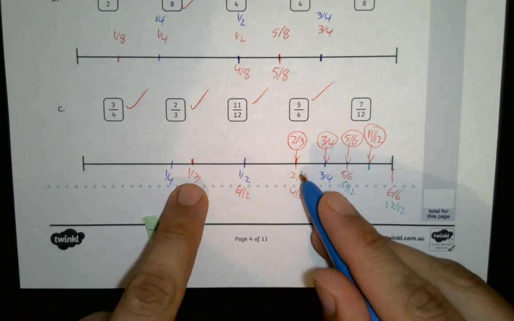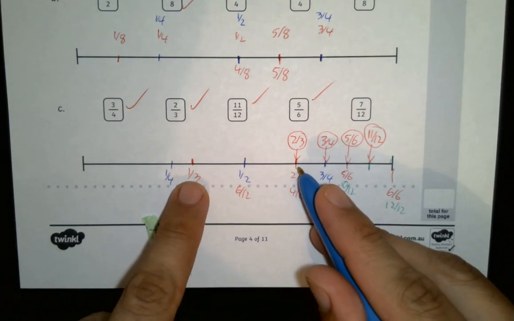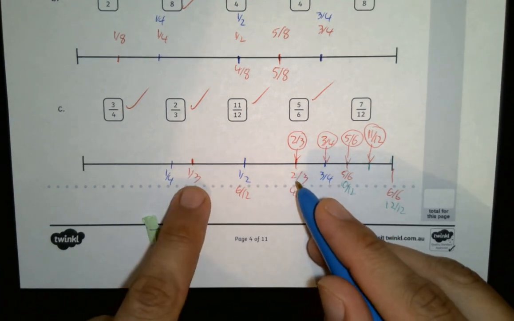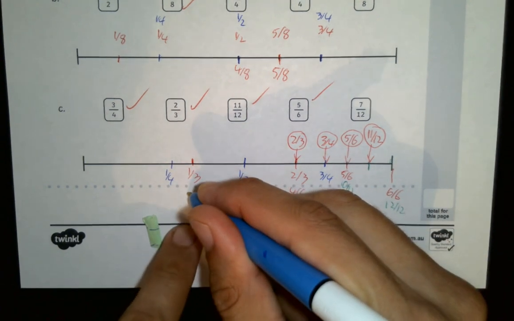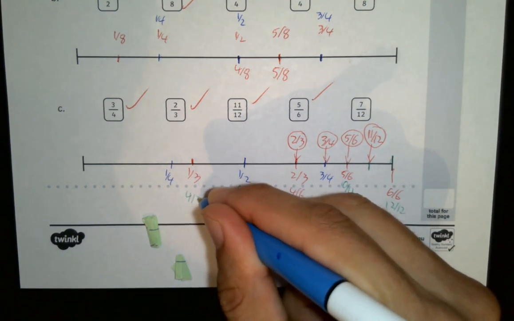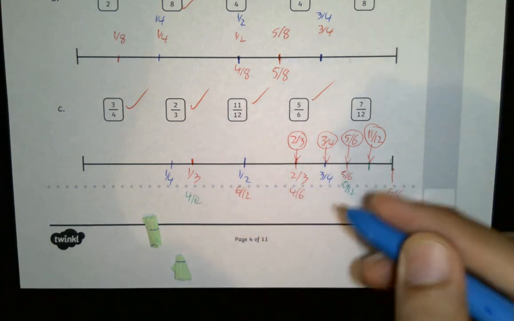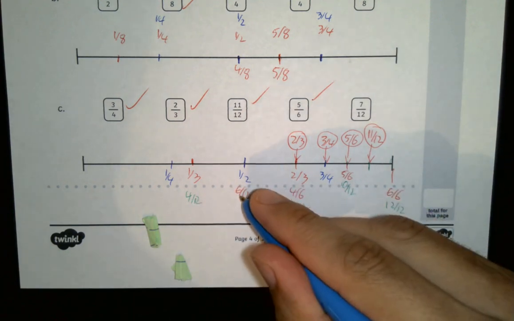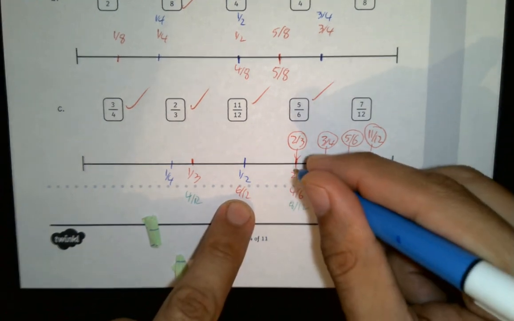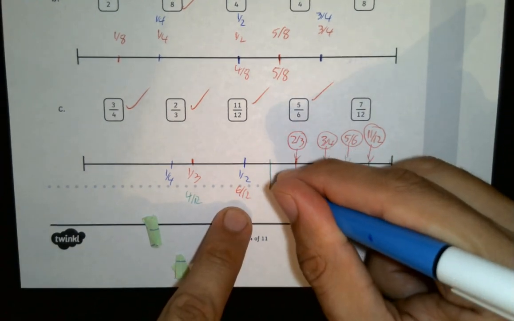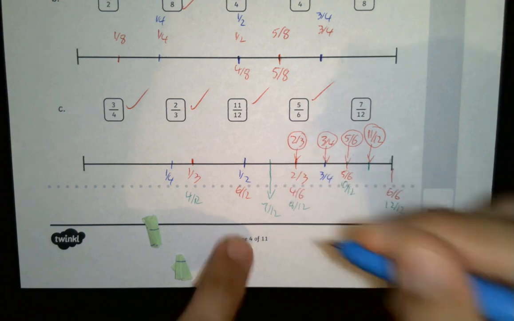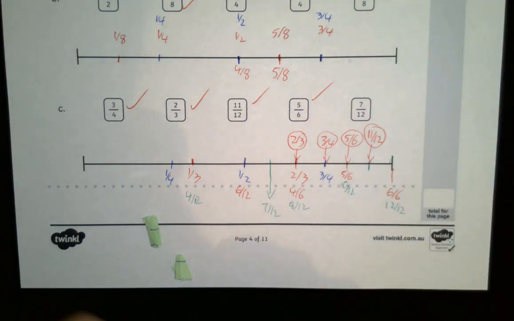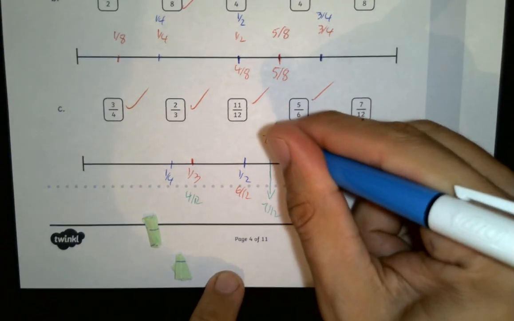So here's my thirds between these two lines. So it's going to be 6 is going to be in the middle. So a third is 4/12. And 2/3 is 8/12. Perfectly in the middle, we know that is 6/12. So it's got to be in between these two. Right in the middle there to make it 7/12. So that would be the order of that one.